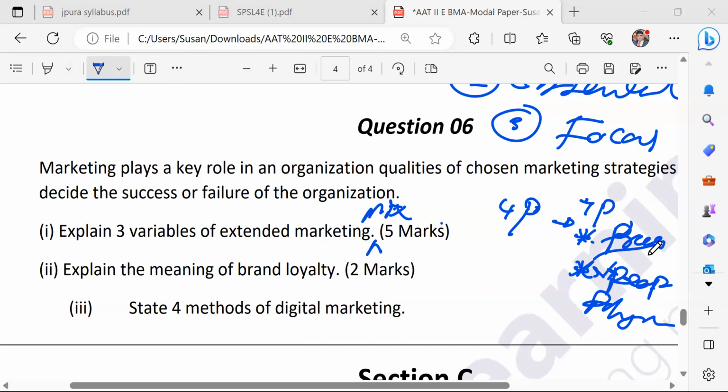Then one is email marketing, content marketing, mobile marketing, social media marketing. These are the main methods of digital marketing. You have to list at least 4. 4 is enough actually, and you get 4 marks for that.